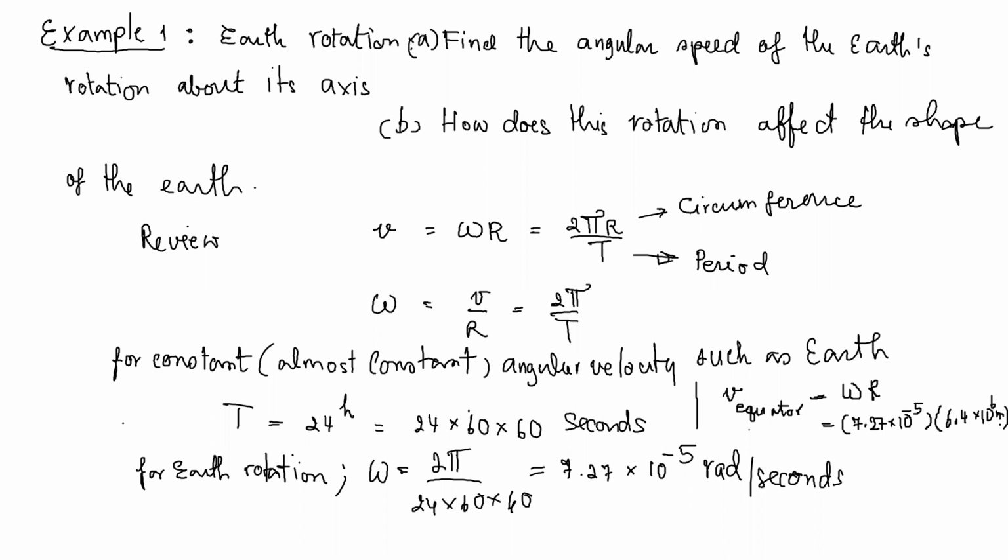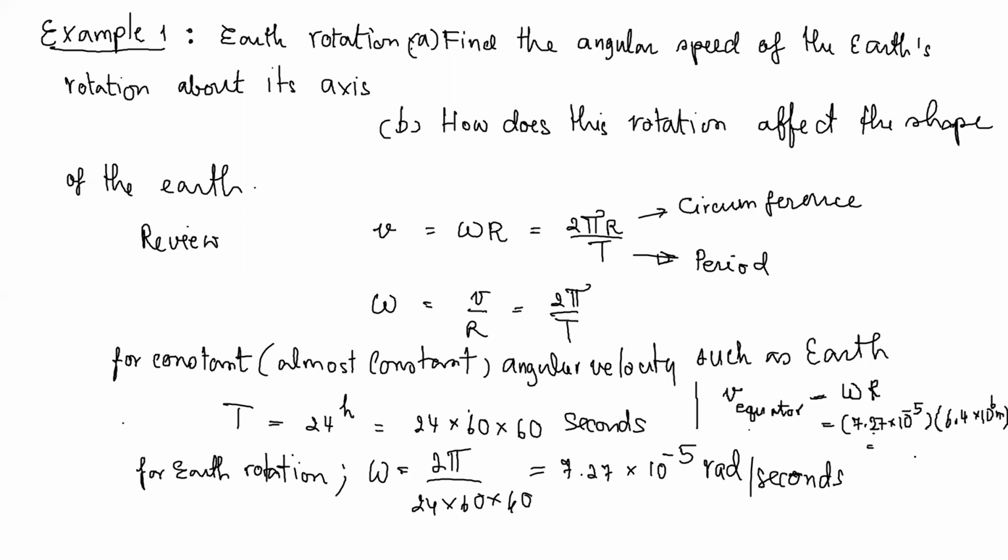So let's do some calculation. 7.27 times 6.4 equal to 46. 10 to the minus 5 times 10 to the plus 6 gives you 10 to the plus 1.